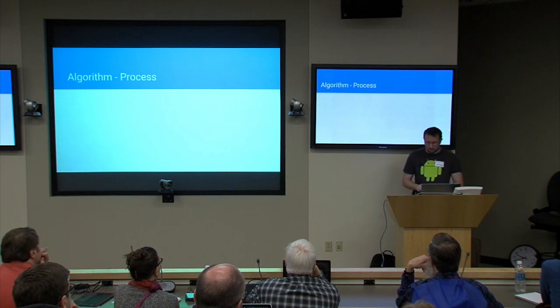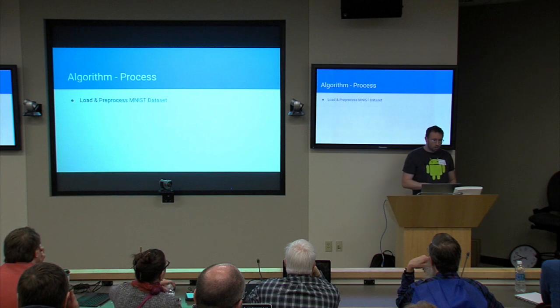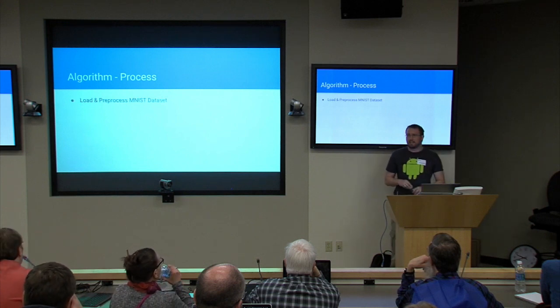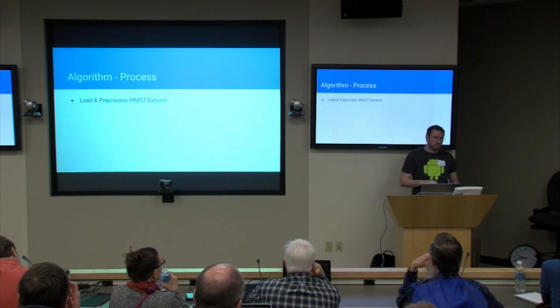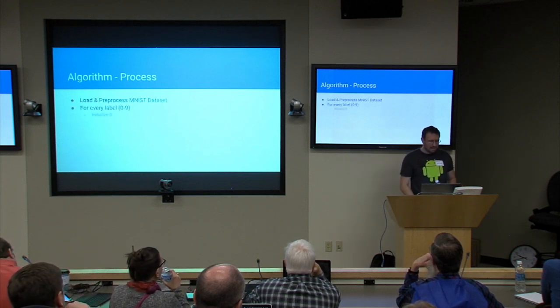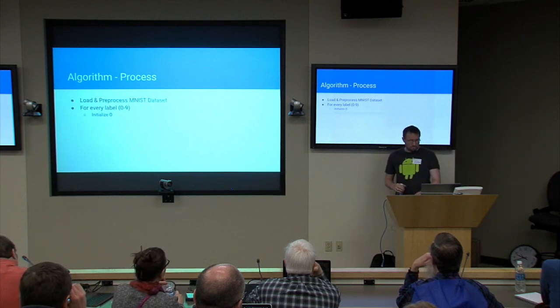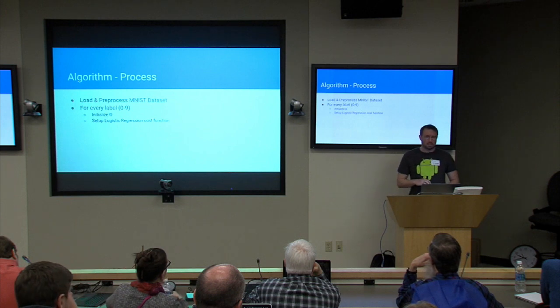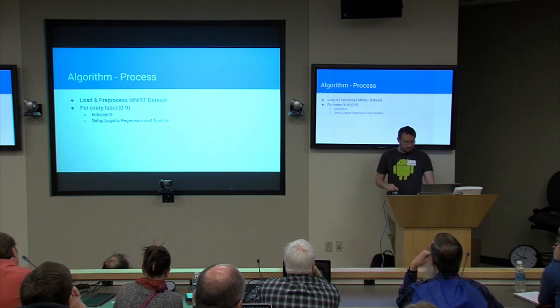So what is our process going to be in Octave? I'll show you the code as well. We're going to load and pre-process that data set. We're going to do a couple things to it that make it simpler, and I'll show you what exactly that looks like. But for every label from 0 to 9, we're going to initialize that theta again to zeros. We're going to set up our cost function, the one that tells you how accurate this line is.